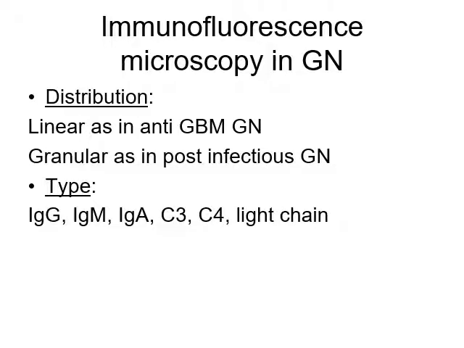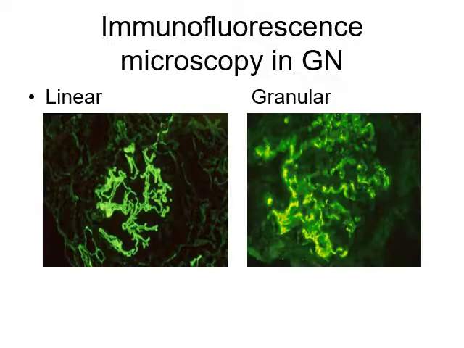Linear, as in anti-GBM disease; granular, as in post-infectious immune complex GN. And this diagram shows this. This is linear. Imagine that it's continuous, as if you are drawing a continuous line. This is a line because there is attack on all of the basement membrane. Here it is granular deposition.